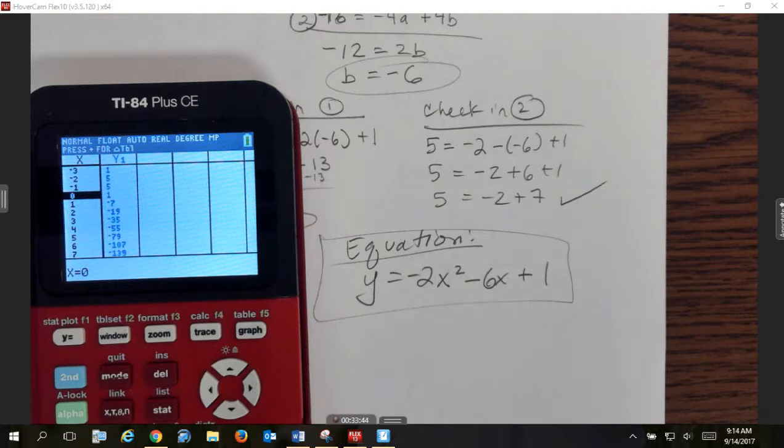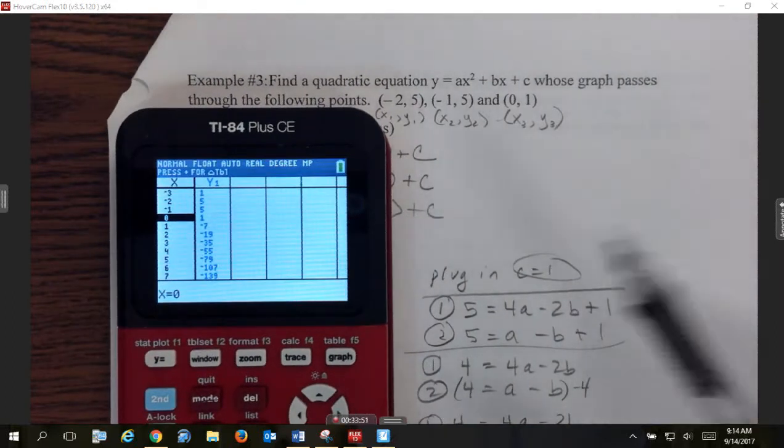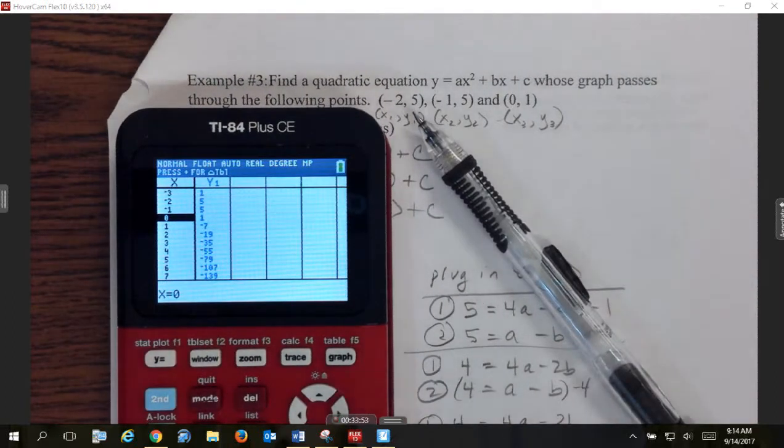The three ordered pairs that were given in the directions, they all three have to be in the table if you have the correct equation. If two of them are in the table but the third isn't, then you've done something wrong. They all three have to be there.